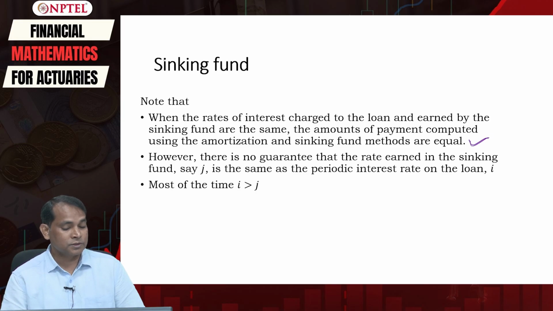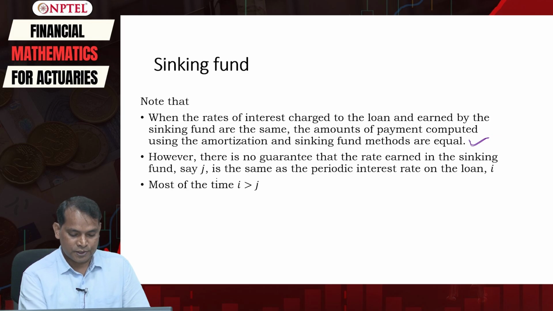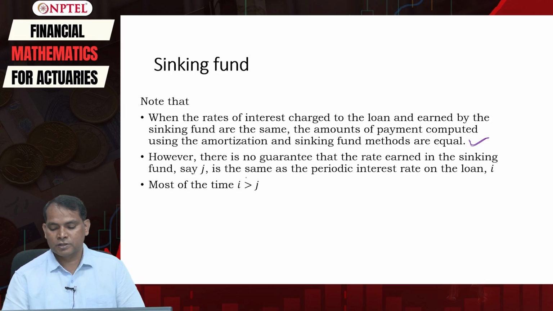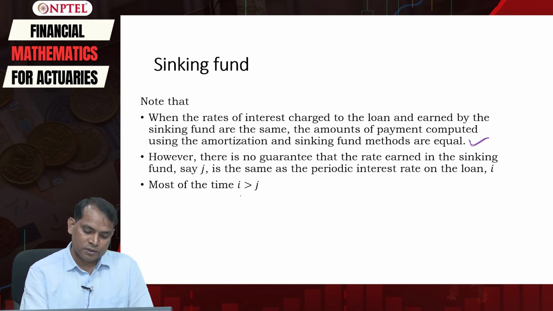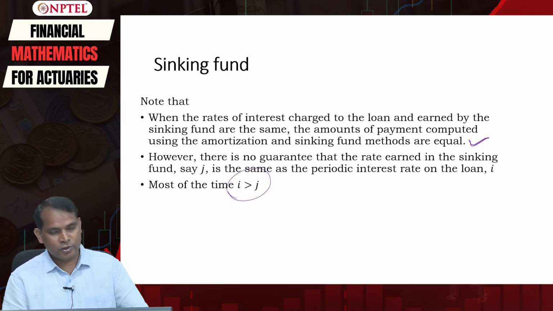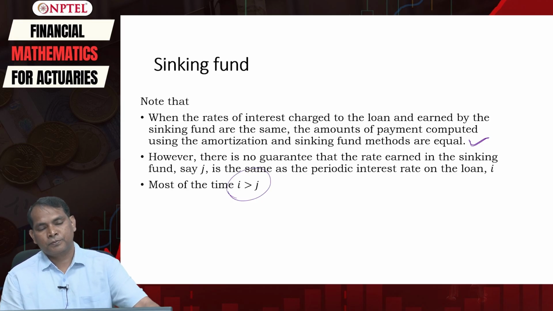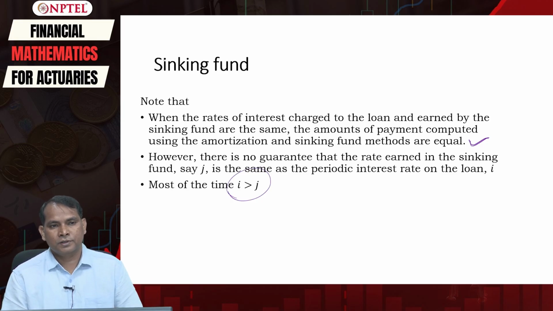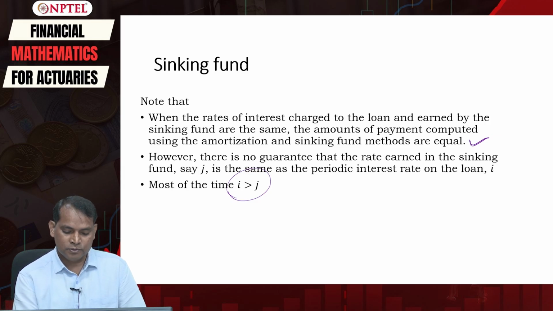However, there is no guarantee that the rate earned in the sinking fund, say j, is the same as the periodic interest rate on the loan, that is i. And we know that most of the time the interest rate the borrower has to pay is higher than the interest rate he earns.